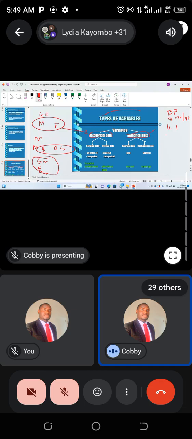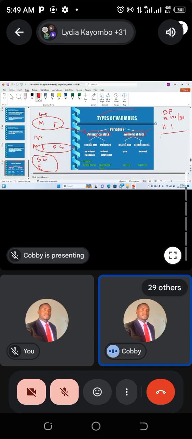For instance, academic qualifications can be grouped in order from the lowest to the highest qualification, starting from a grade 12 certificate to a PhD level.